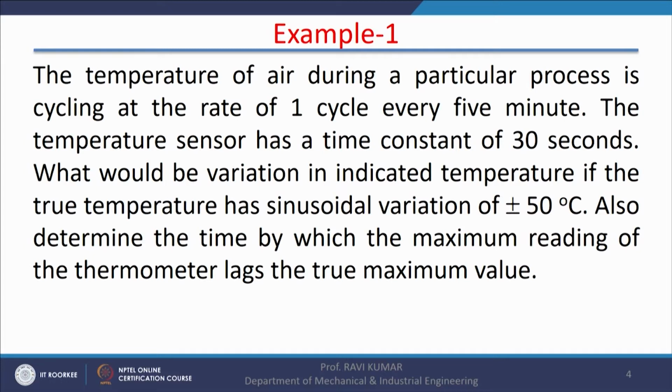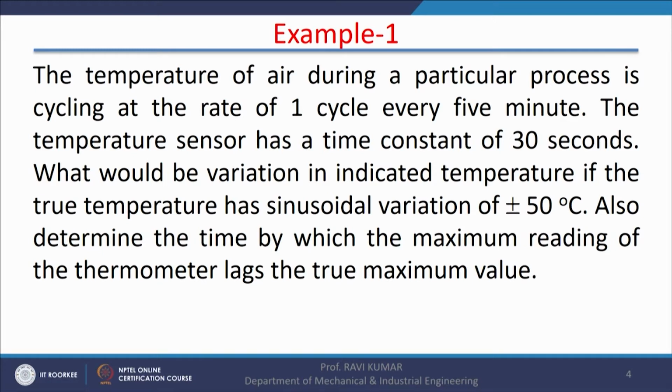Suppose air in this room is cycling at the rate of 1 cycle per 5 minutes; that is how the temperature is fluctuating. The temperature sensor in the room has a time constant of 30 seconds.